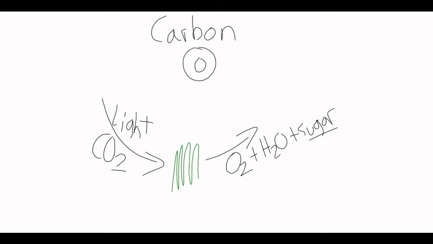Okay? Now, then you have an animal. I'm going to draw another pig because they're kind of easy to draw. Now, the pigs take in the oxygen and the H2O, and if they eat the plants, then they take in the sugar too. And they put out carbon dioxide and water. Alright, so this is basically the carbon cycle.